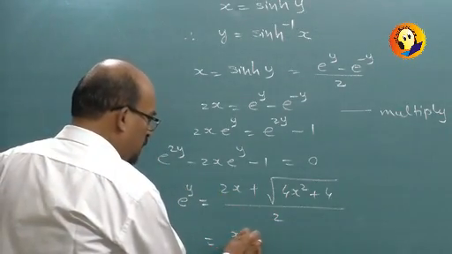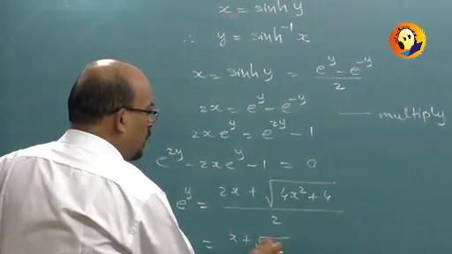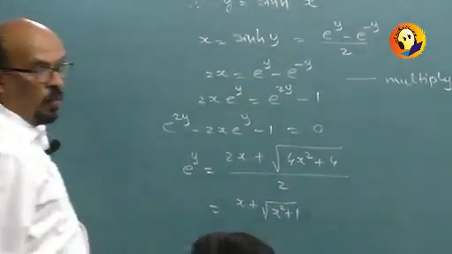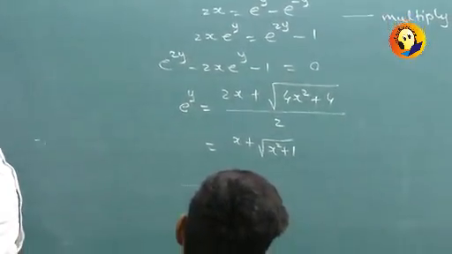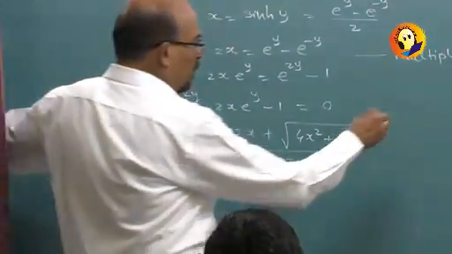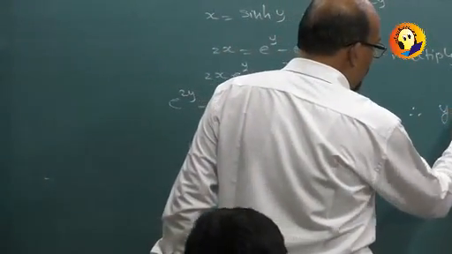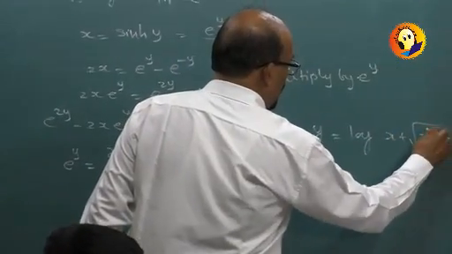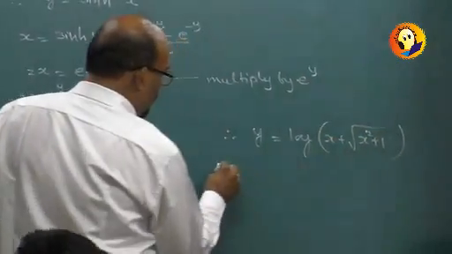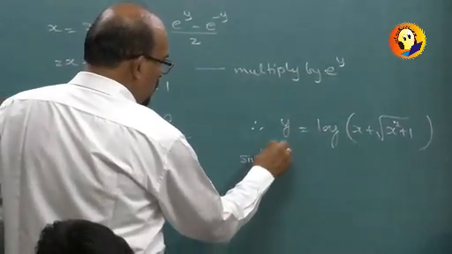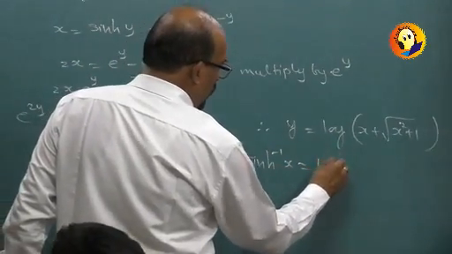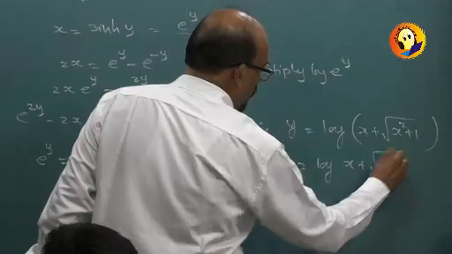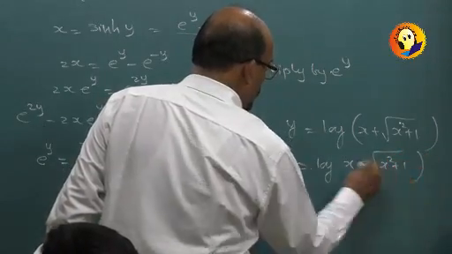So it is x plus under root x square plus 1, and therefore y will be log of x plus root of x square plus 1, and we get a formula: sin inverse x is equal to log of x plus root of x square plus 1.